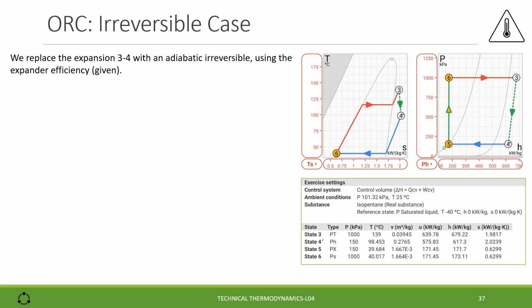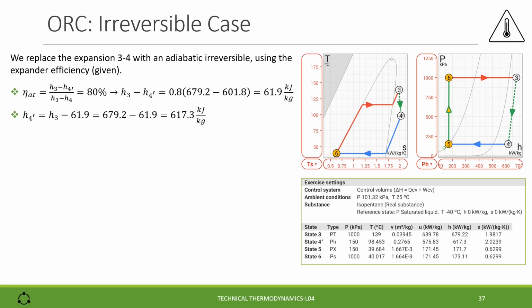Let's see the irreversible case. Here we replace the expansion 3-4 with an adiabatic irreversible transformation using the expander efficiency, which is given, and this is 80%. If we display the ratio of the enthalpies of the points 3, 4 and 4', and we solve for H4', we find 617.3 kJ per kilogram.